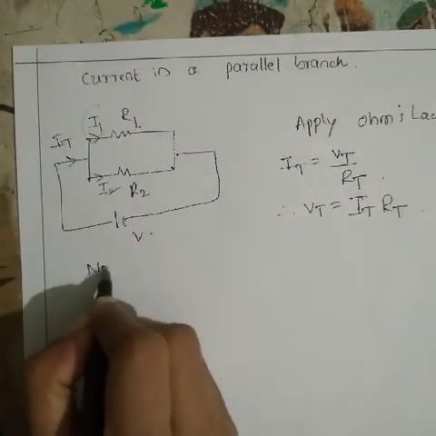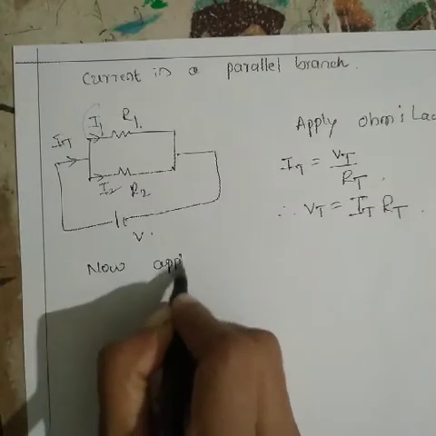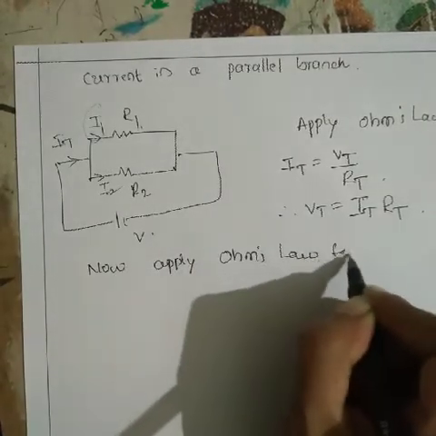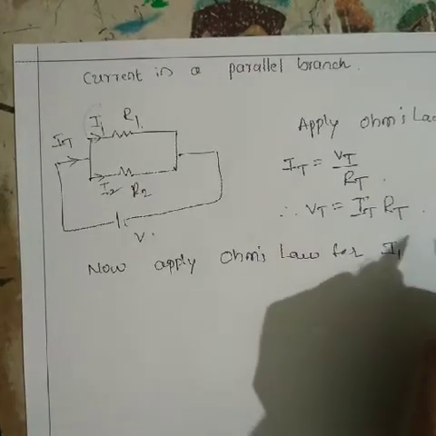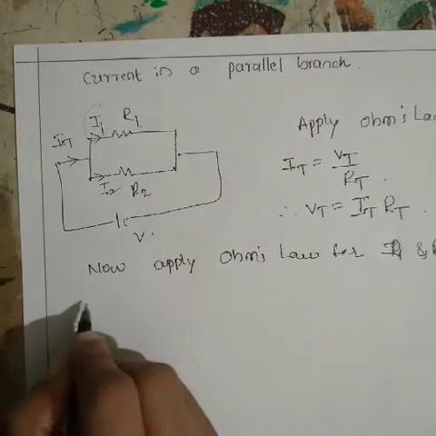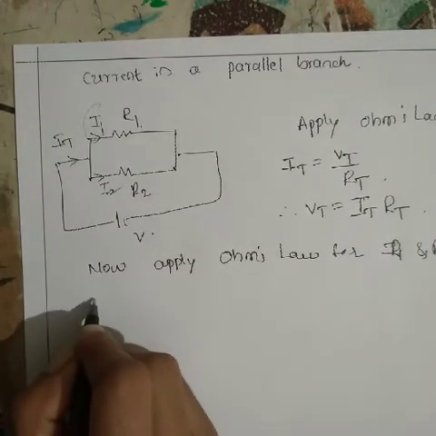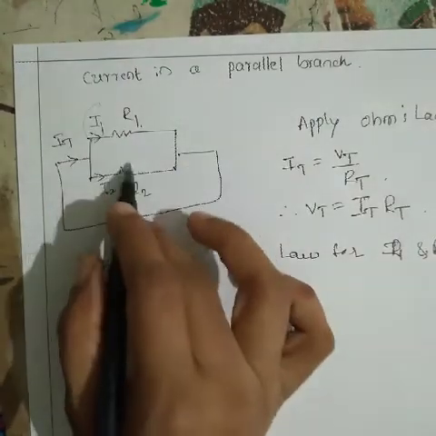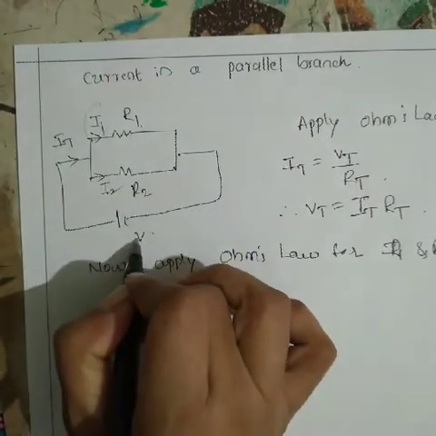Now apply Ohm's law for the R1 circuit and the R2 circuit. In a parallel circuit, the potential difference across the resistors is the same as your applied voltage.